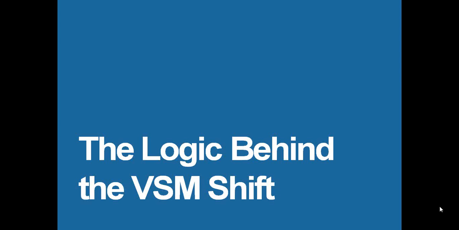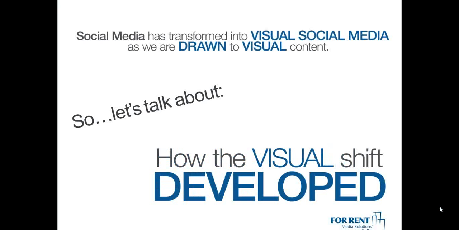So we're going to jump right in and talk about why social media has made a significant shift toward conveying messages in a visual manner. As technology has developed, so has the way we communicate with one another, right? We are encountering an increasing number of messages than we did even 2 to 5 years ago. We're just bombarded with advertising and marketing messages.